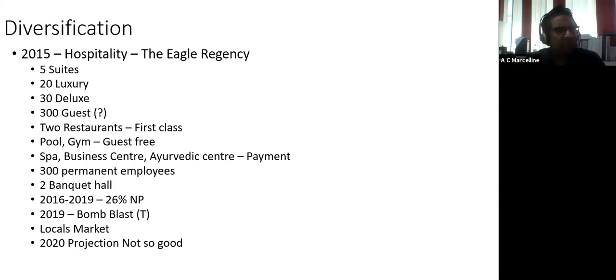But still, the 2020 projections are not so good. Even the quarters are not so good. They're looking at 12% occupancy, which is not very good. So this is the situation in your diversification areas.